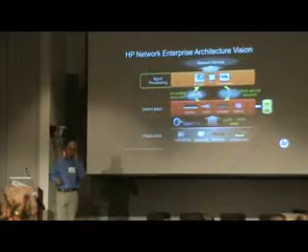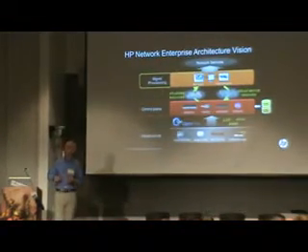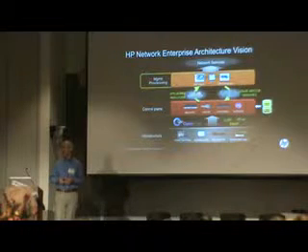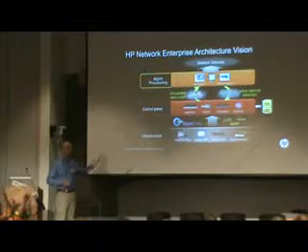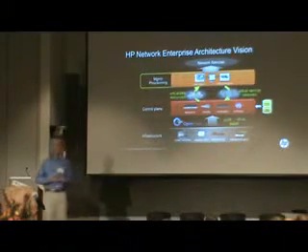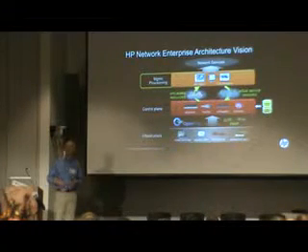Well, what we've done is we've created an architecture, and I think you'll see some similarities to other ideas that have been presented earlier in the day, because there are a lot of minds thinking similar things here. An architecture that has an infrastructure layer at the bottom. These are the switches, the routers, the access points, the security and application services.